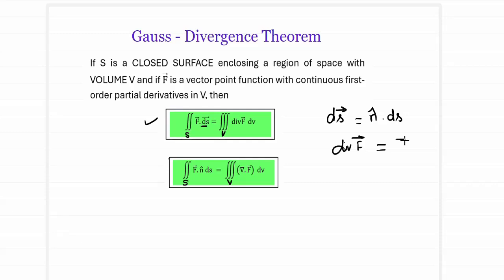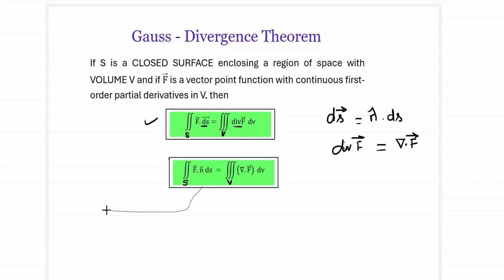We know that divergence is calculated by the dot product of del and the F vector. So we replace the divergence of F vector by del dot F. These are the two changes which we make so that the process becomes easy for us.